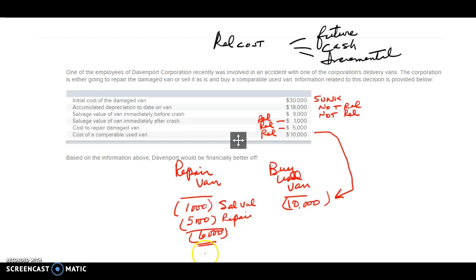So the one alternative, repairing it, would be a $6,000 outflow versus a $10,000 outlay to buy the used van. So this looks like we have a $4,000 advantage for the repair option.